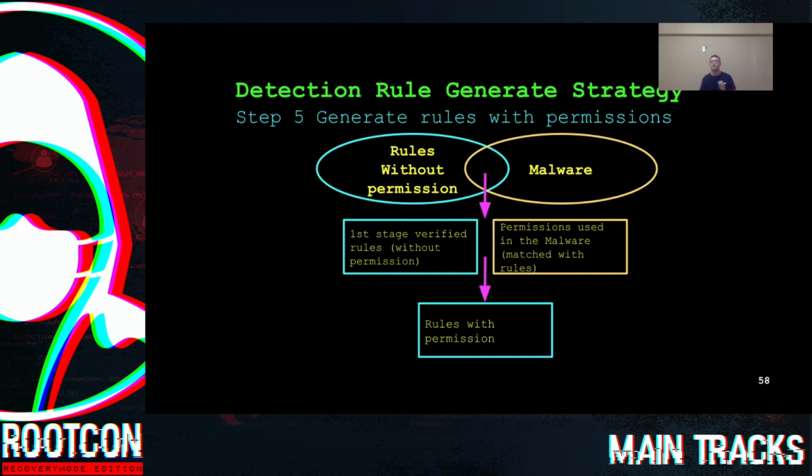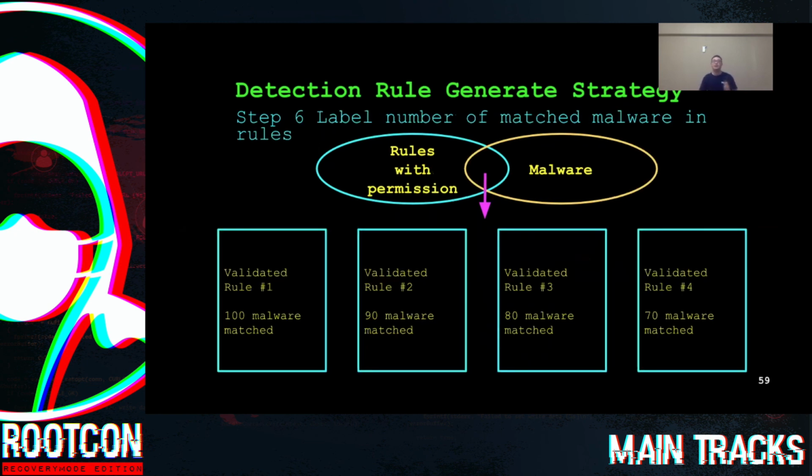In step 6, we then use Quark engine, the full function version of Quark engine, to find again the intersection of the second stage rules, which are the ones with the permission, and the malware we prepared. After that, for each rule, we label the number of matched malware.